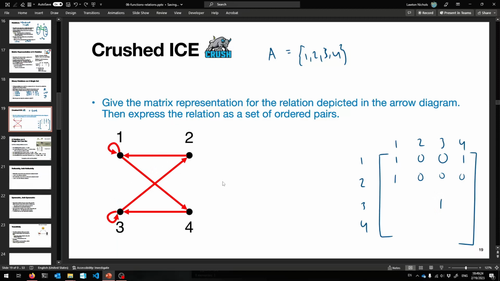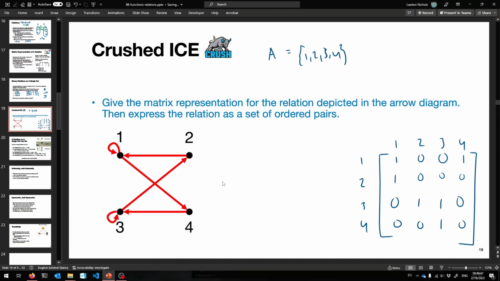So there's an arrow exiting 3 and entering 2. So there's a 1 there. And those are the only 2 things that 3 is related to. And then finally, what is 4 related to? It's only related to 3, because it's the source of the arrow going to 3. So there's a 1 there, and 0s everywhere else. So that would be our matrix form of the relation.